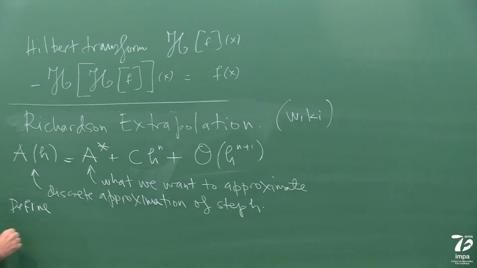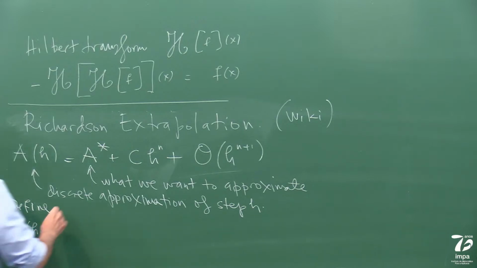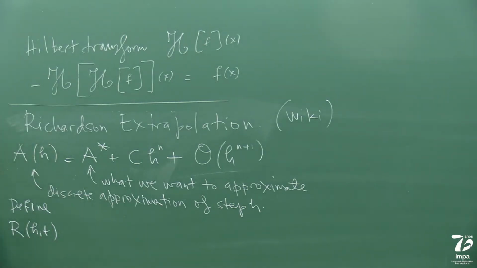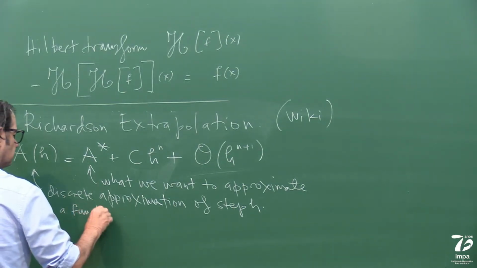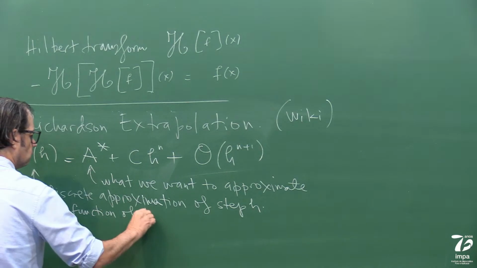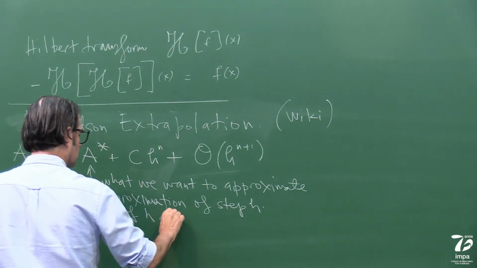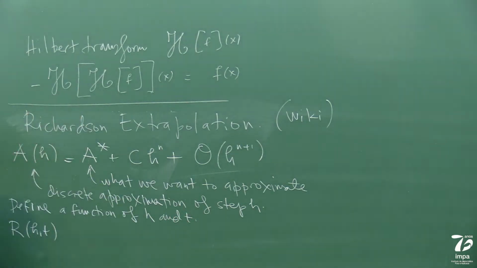I'm going to call it R, that's the notation used, R of H and t. So define a function of H and t. You will see what t is. And the function is like this.